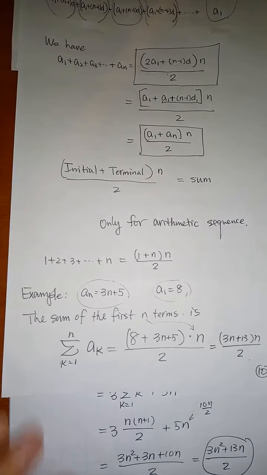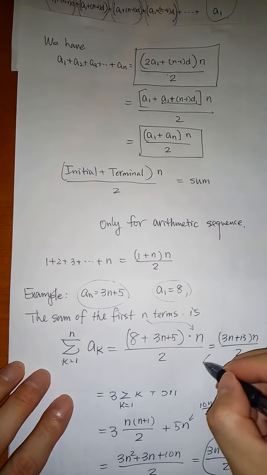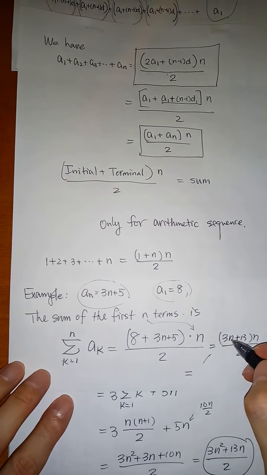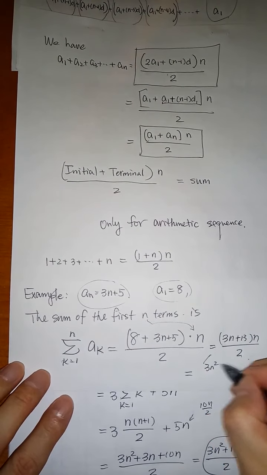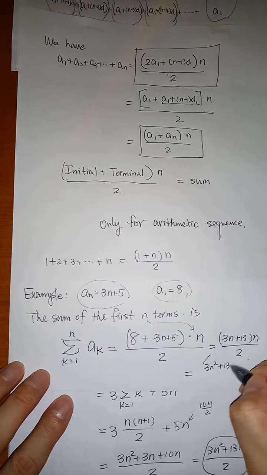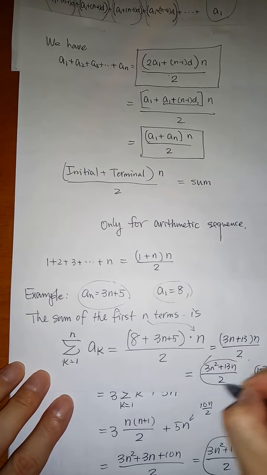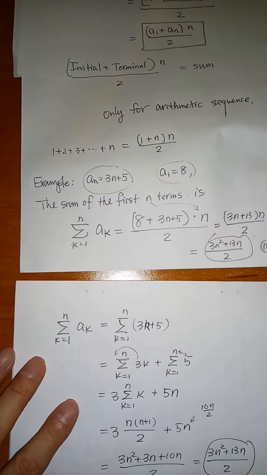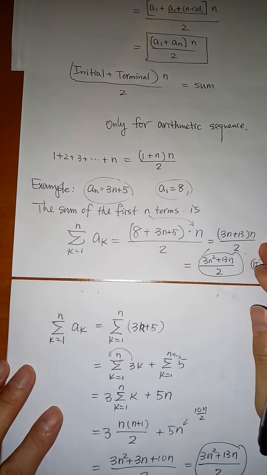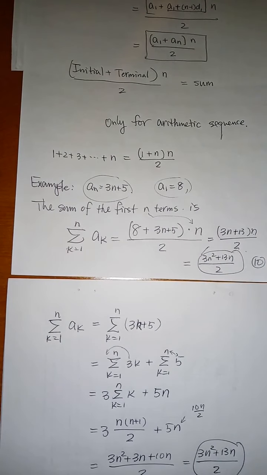Here, if you write one more step, 3n squared plus 13n over 2. See, it's an identical formula. So either way, you will have the same result.